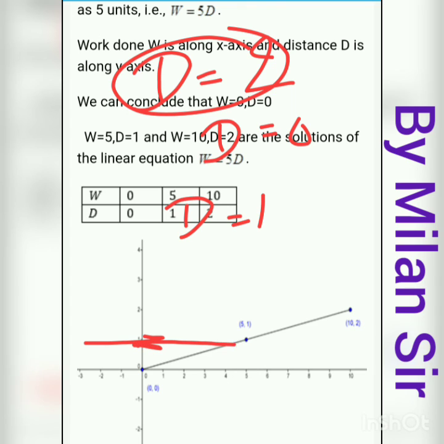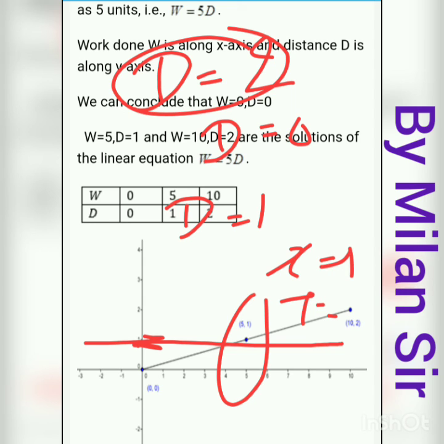So just extend this line, and you will get your answer here, 1 and 5. Sorry, not x and y, but W and D. D is on the Y axis, and W is on the X axis, so this is (1, 5). So this is our final answer.